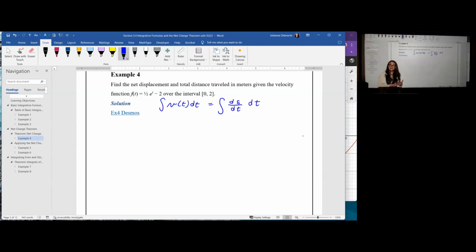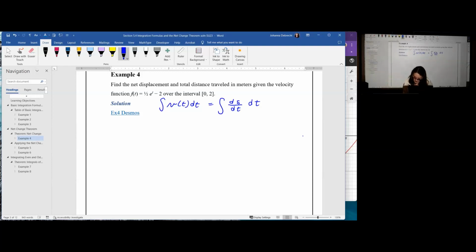In this way, we can think of it as a rate of change of position, and what the Fundamental Theorem of Calculus gives us is the net change in position. Let's now take a look at finding the net displacement.